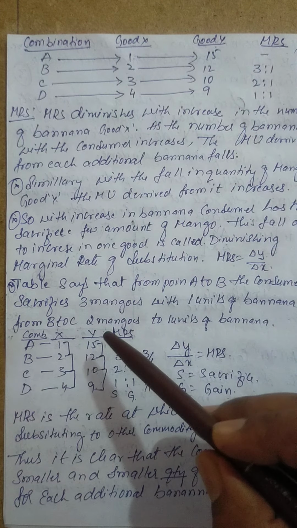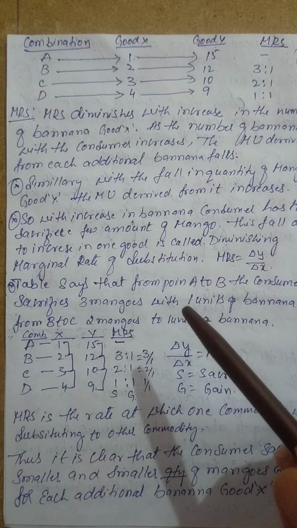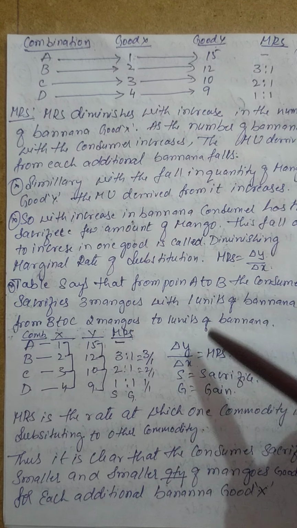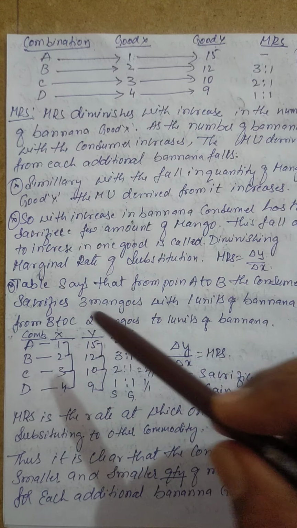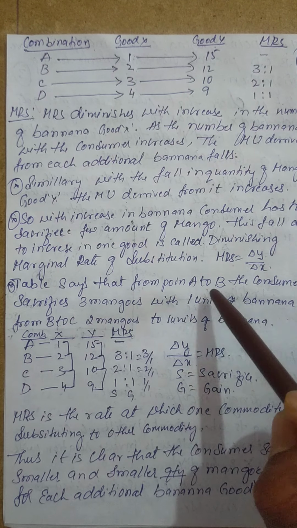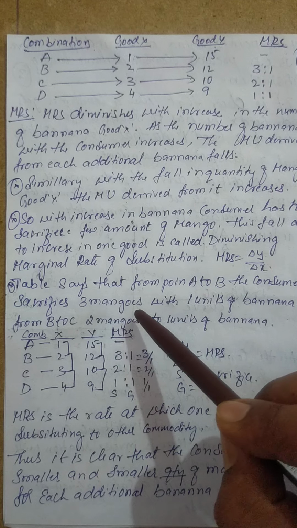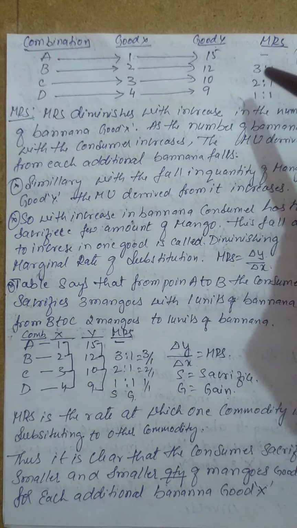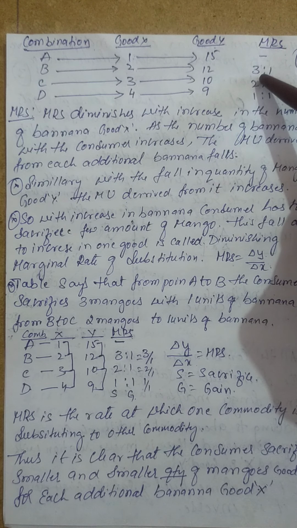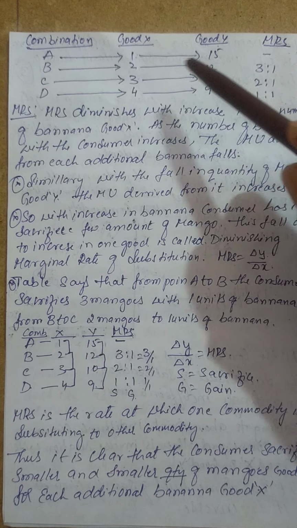That is a point they are explaining here, and after that there is one more explanation. Let us see the continuation. The table says that from point A to B the consumer sacrifices 3 mangoes, isn't it? From A to B, the consumer is ready to sacrifice 3 units of mangoes. So this is mango, this is banana.